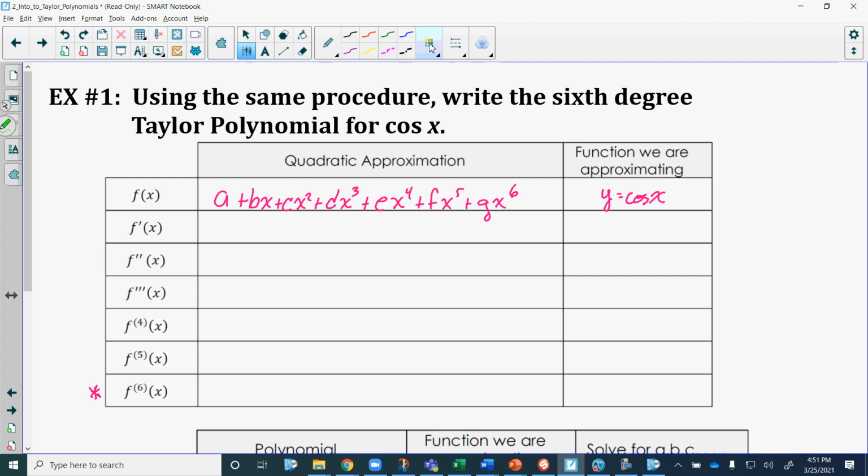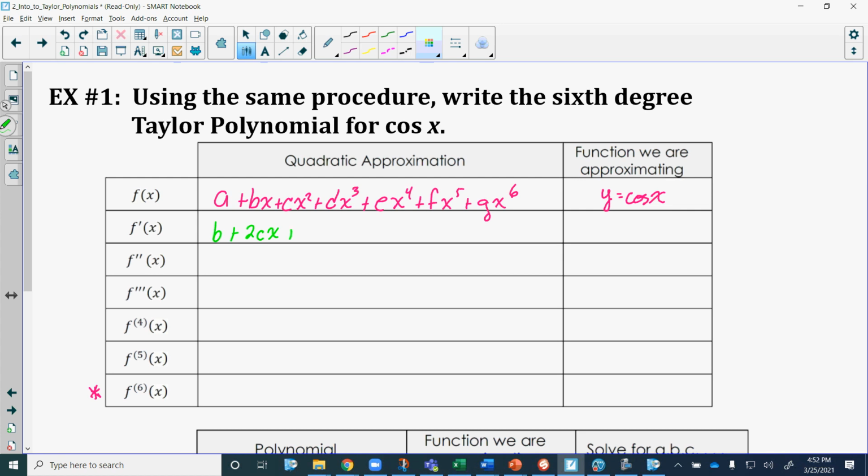So the first derivative in this case would give me b plus 2cx, just like what it did on the last table that we did.